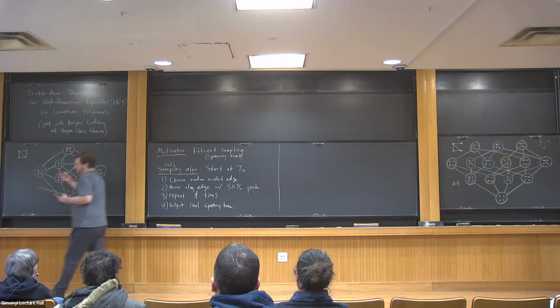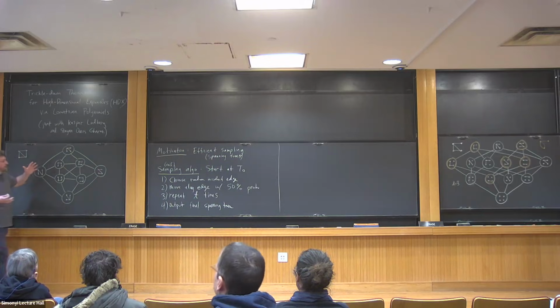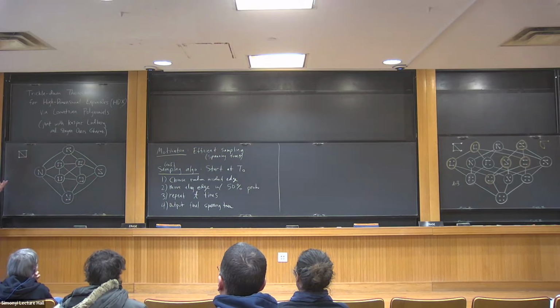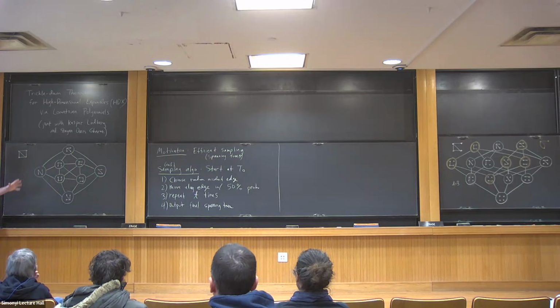Okay, and it's a well-known fact that as t goes to infinity, this converges to outputting a uniformly random spanning tree. So for t very, very large, this process does exactly what we want. Of course, the problem is we don't want to let t be that large. We want t to be some polynomial in the number of vertices and number of edges.